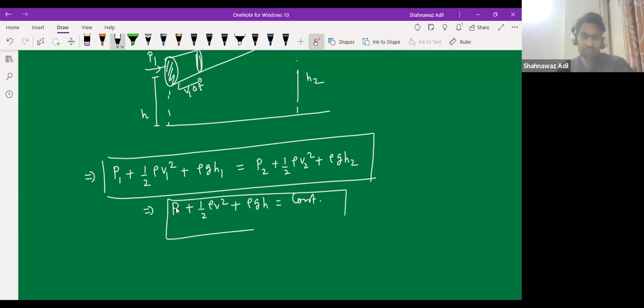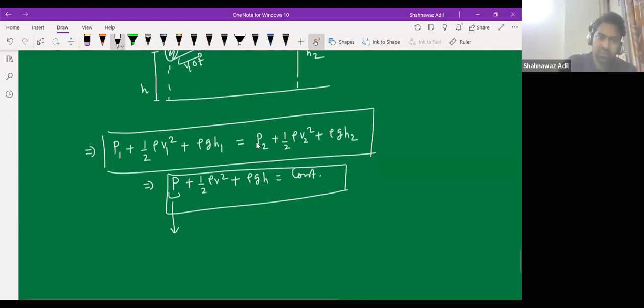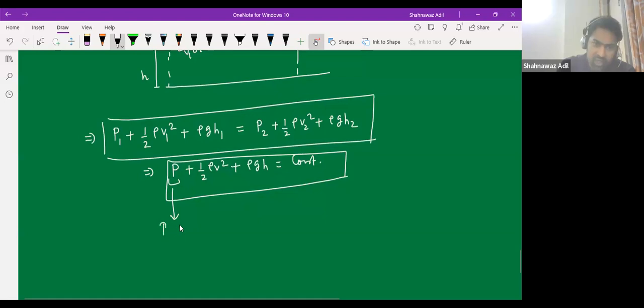So what was this P? How did this term arise? Yes, this is pressure, but we got this from pressure energy, right? So this is pressure energy per unit volume.